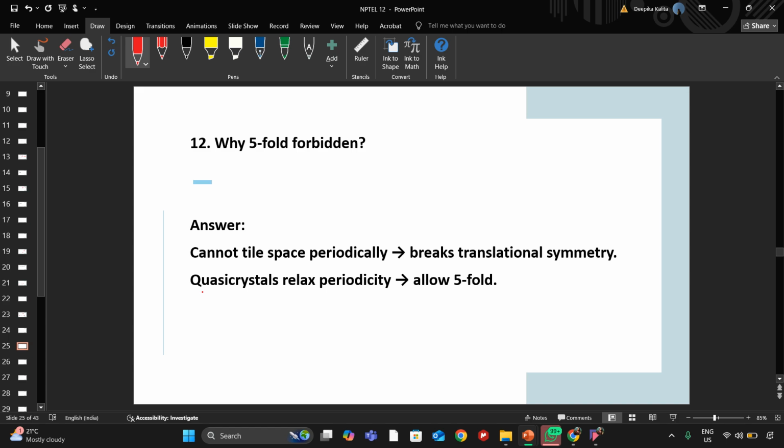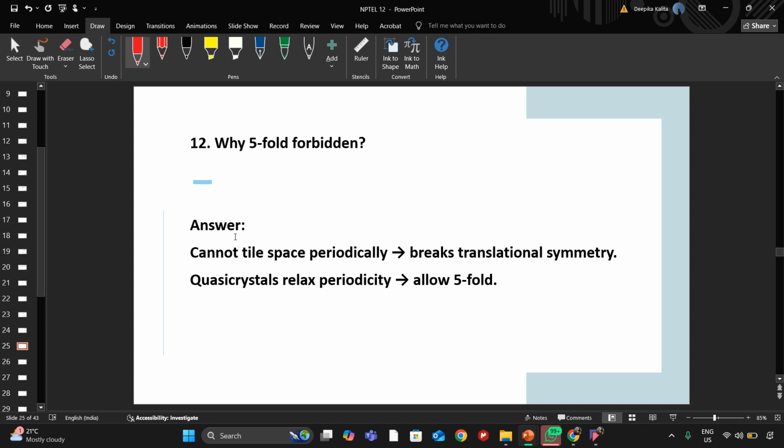Okay, so five-fold symmetry is forbidden because it breaks translational symmetry. If you try to tile a floor with regular pentagons, you will always have gaps. Whereas squares or hexagons fit together perfectly.